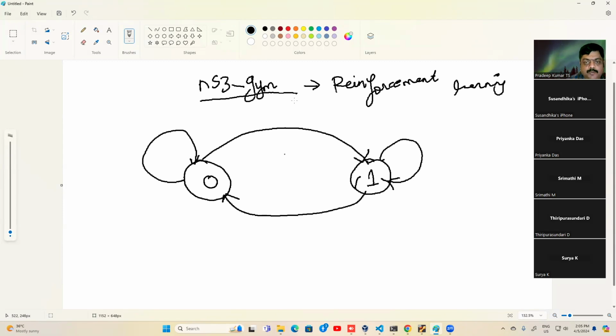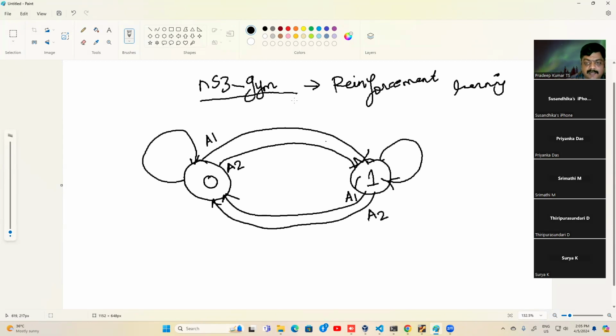Going from 0 to 1, I have action 1 and another, action 2. Similarly, coming back, from here I have action 1, and here action 2.